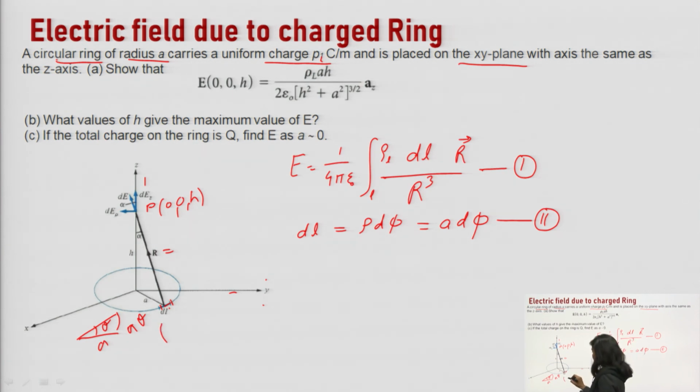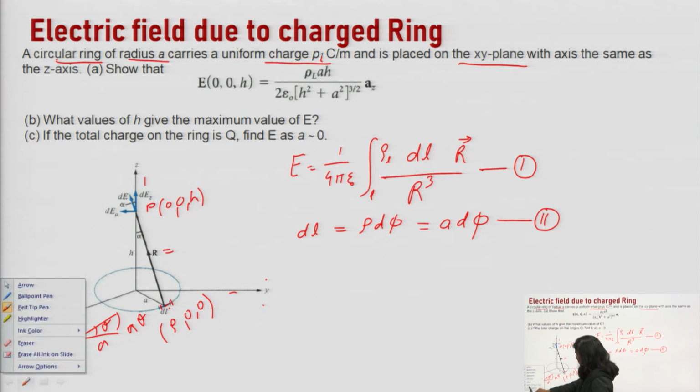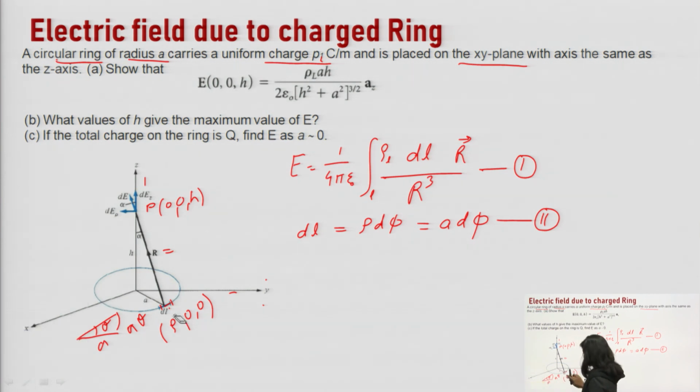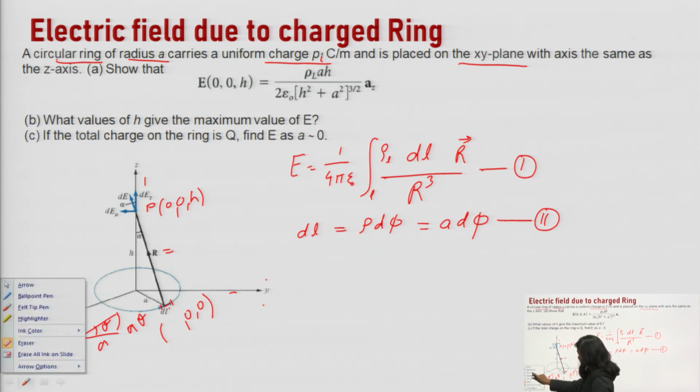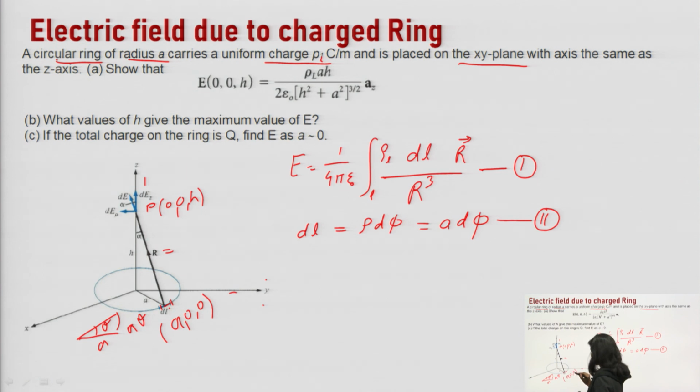Here we are taking the coordinate of dl in the cylindrical system, so we will write rho, 0, 0. In this case our rho is a, so we will write a.